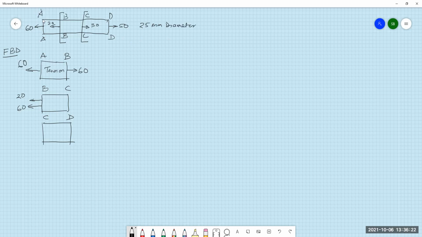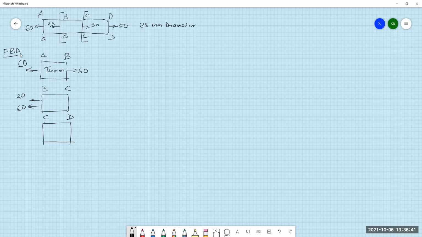We have four sections, A, B, C, and D. At A, the rod is carrying a 60 kN load leftwards. At B, 20 kN leftwards. At C, 30 kN rightwards. And at D, 50 kN rightwards.